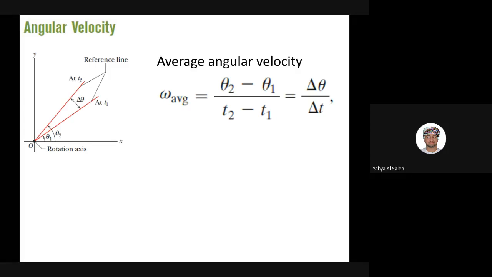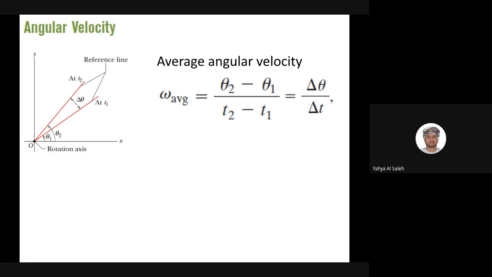Now, to differentiate between translational and rotational variables, we use different alphabets. For translational variables, we use the Latin alphabet, A, B, C, D, E, F, G. For the rotational variables, we use the Greek alphabet, which is alpha, beta, gamma, delta, and so on and so forth.